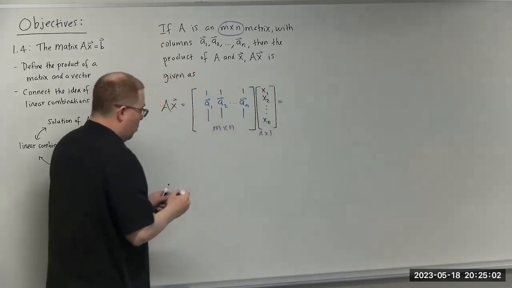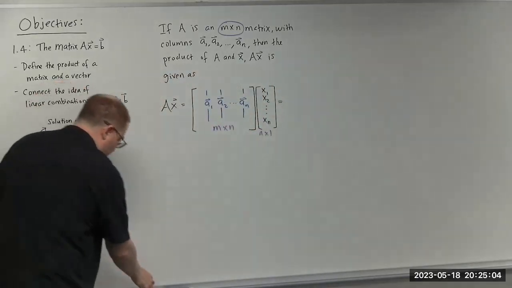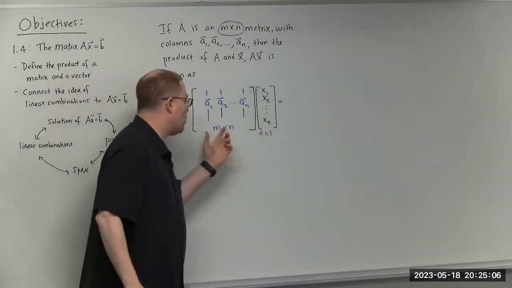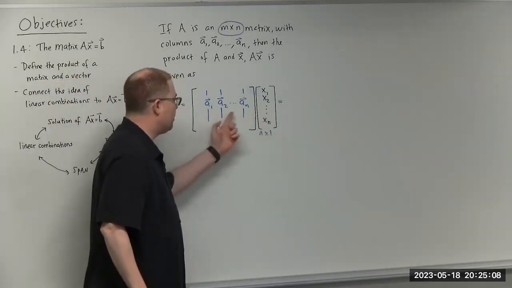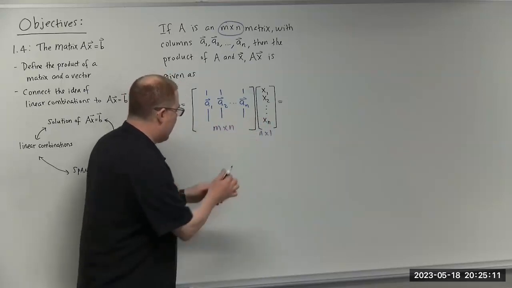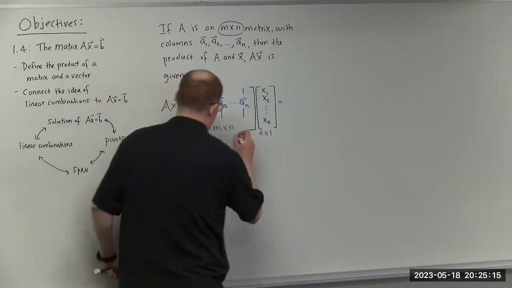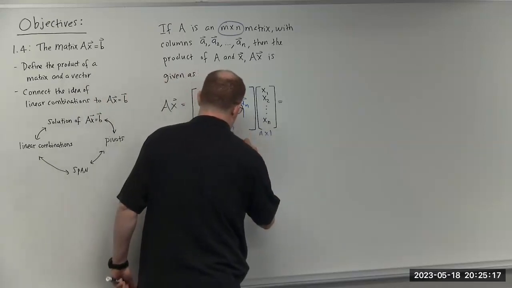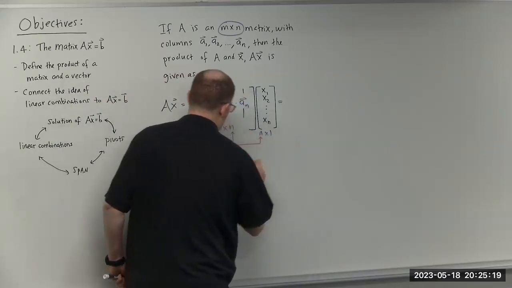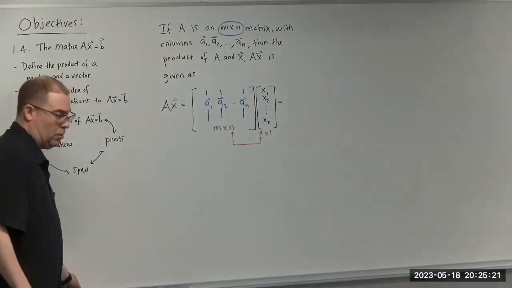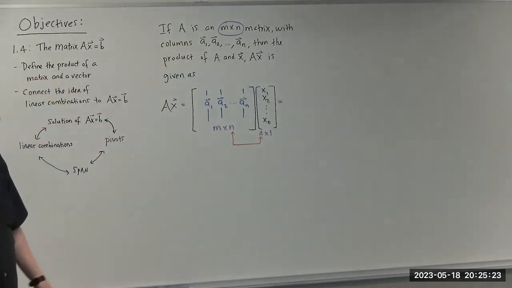So the one rule of thumb is that in order for this to happen, these values have to be equal. Otherwise, we couldn't do this.